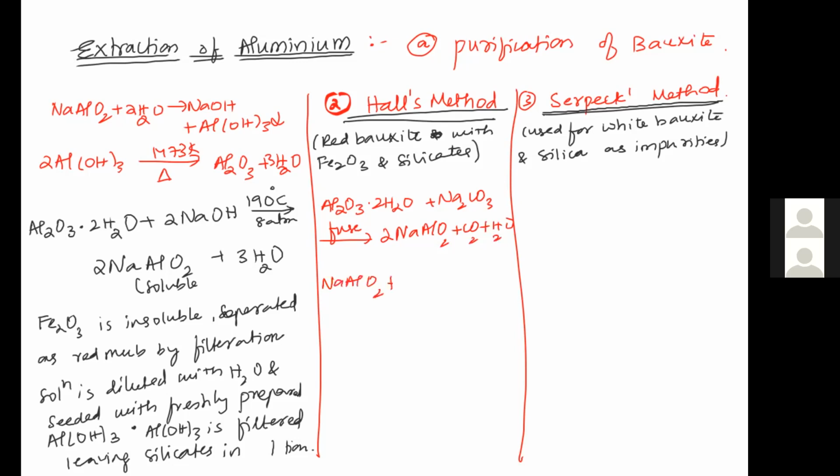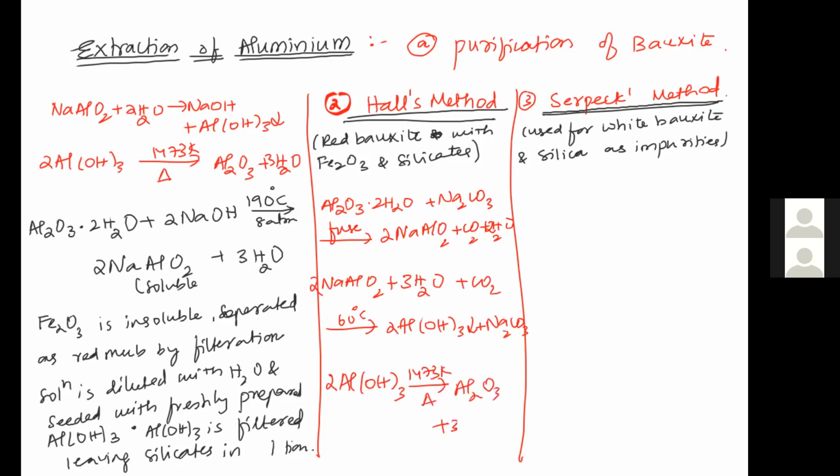NaAlO2 reacts with water and carbon dioxide. At 60 degrees Celsius, it gives rise to aluminum hydroxide plus Na2CO3. Again, the 2Al(OH)3 at 1473 Kelvin gives rise to Al2O3 plus 3H2O. Different process.